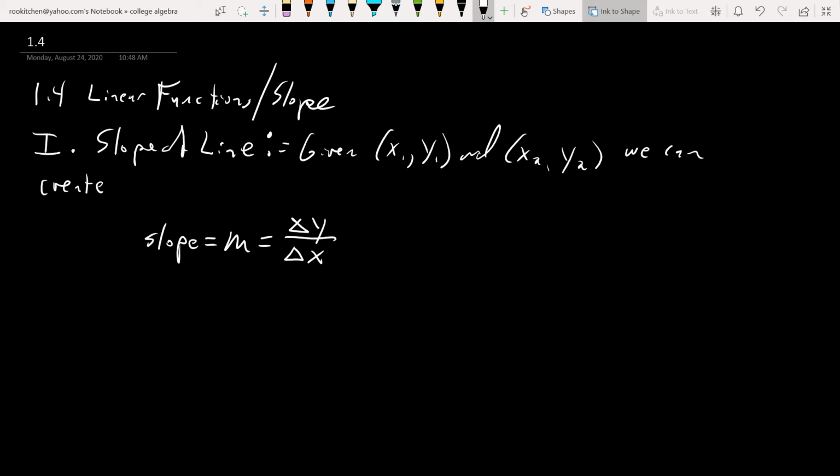So that triangle symbol is also the Greek letter delta, but we use it for change. You're probably more familiar with rise over run. In this context, to find the slope, we would go y2 minus y1 all over x2 minus x1.